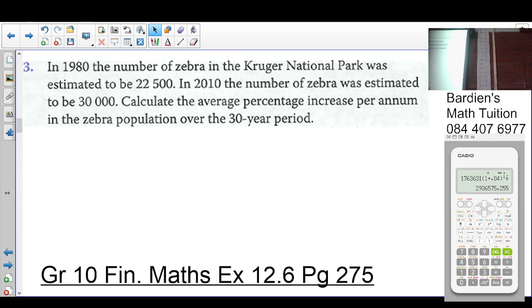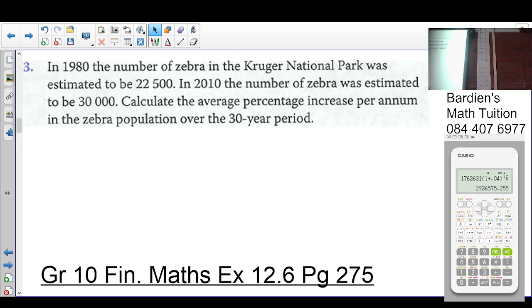People, in 1980, that's before you guys were thought of, right? In 1980, how many years ago is that? 43 years ago. So in 1980, the number of zebra in the Kruger National Park was estimated at 22,500.